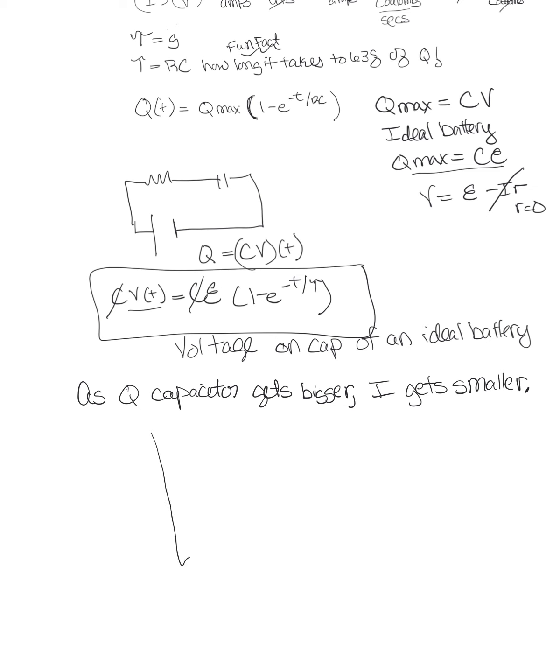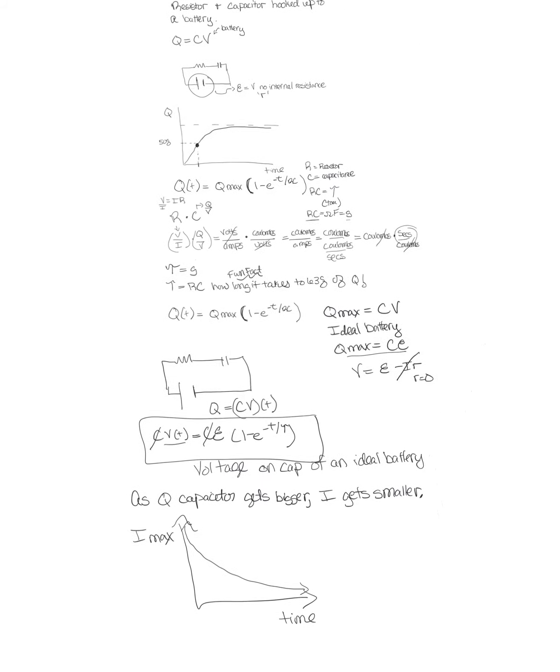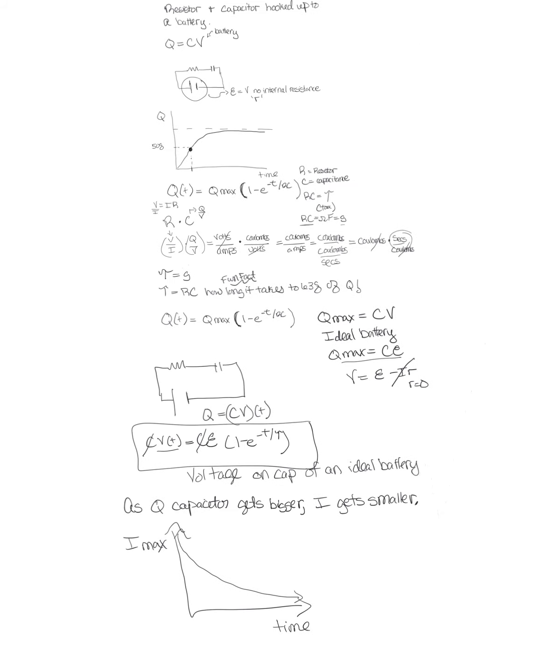So, say right here we have the Q, well, we'll say I max, we'll say I is up here. And as our capacitor charges in time, it's going to look like this. So you'll see, if we look up here, as our capacitor charges, it's going up.